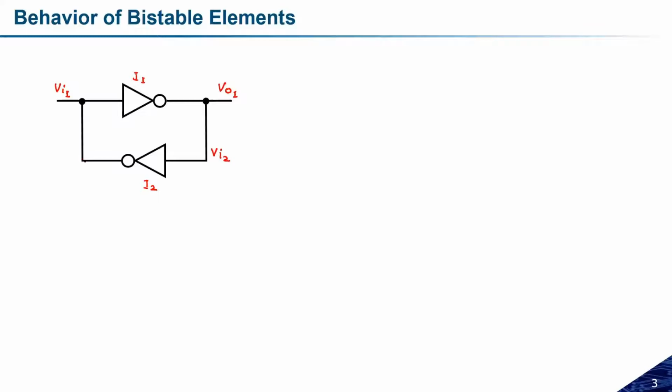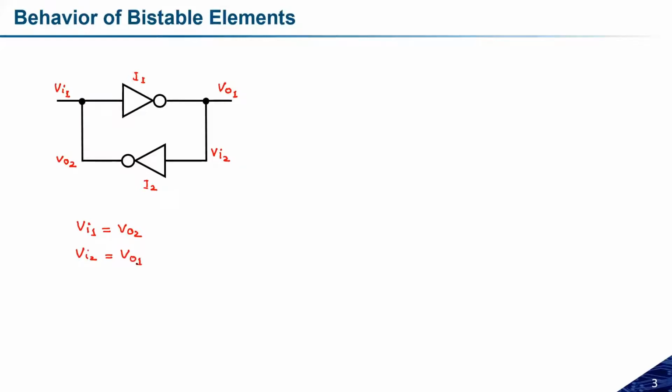Similarly, this node is the output of the second inverter, VO2. But if we see the figure clearly, this node and this node are the same node. So VI1 is the same as VO2, and similarly VI2 is the same as VO1.